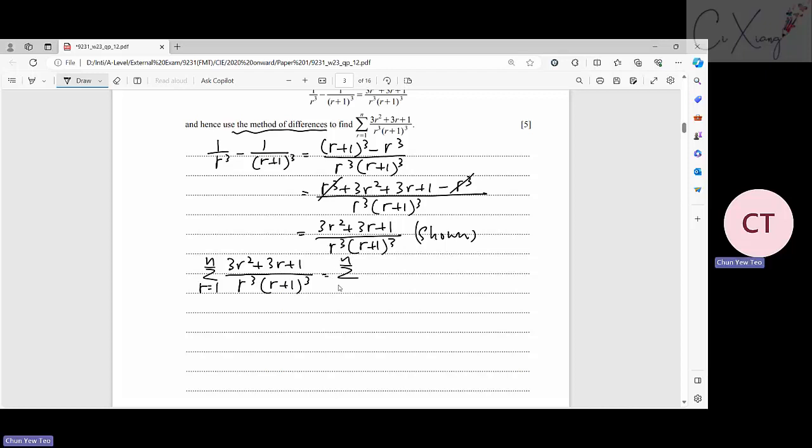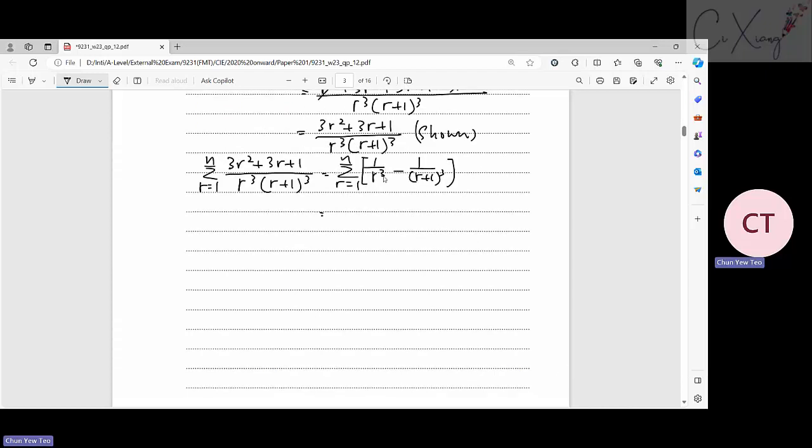Then write it in the form of the relationship on the left-hand side, which is 1 over r cube minus 1 over (r plus 1) cube, like this. So what you need to do now is to substitute r equals 1 until n.